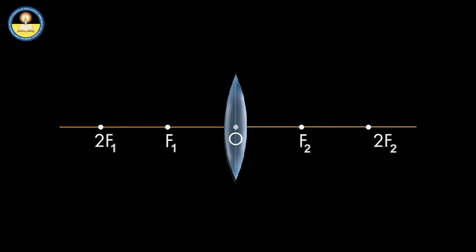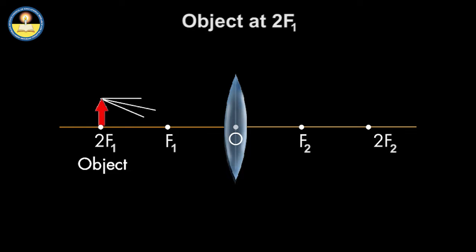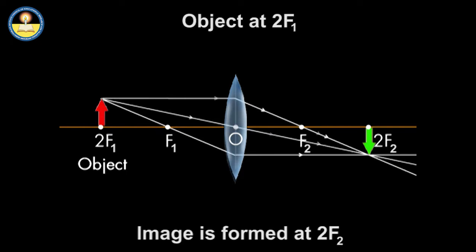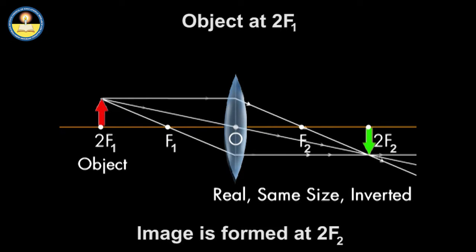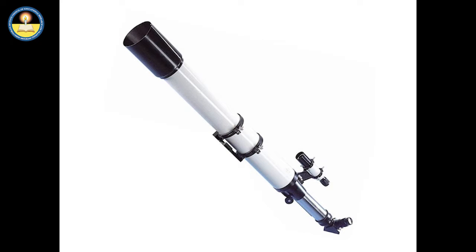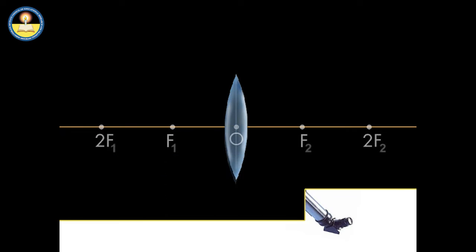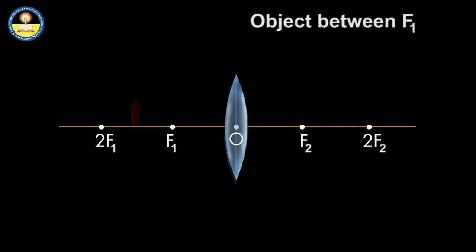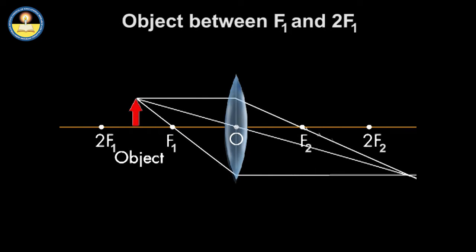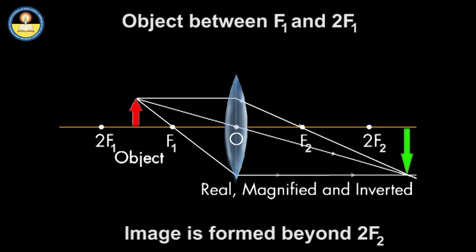When the object is placed exactly at 2f1, a real inverted image of the same size as that of the object is formed at 2f2. This type of image formation is used in a terrestrial telescope. And if the object is placed between 2f1 and f1, again a real and inverted image is formed, but beyond 2f2.